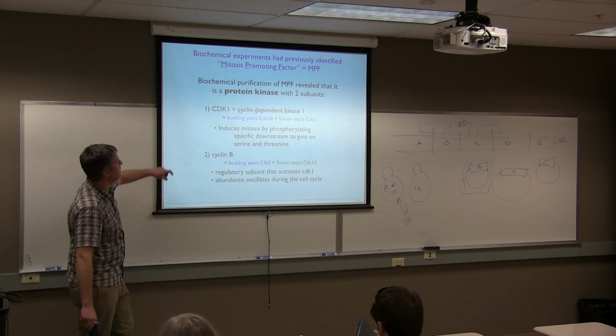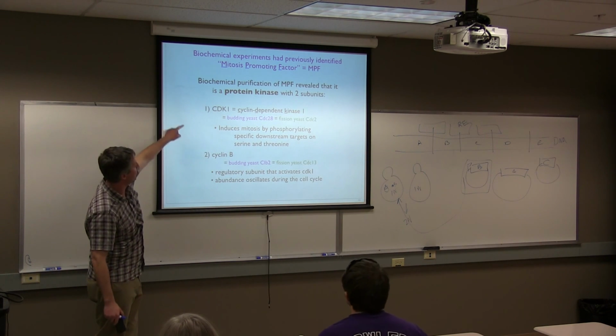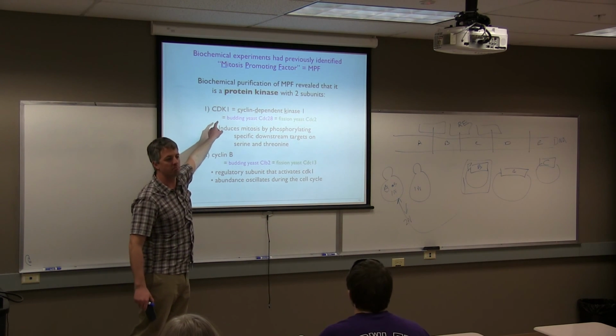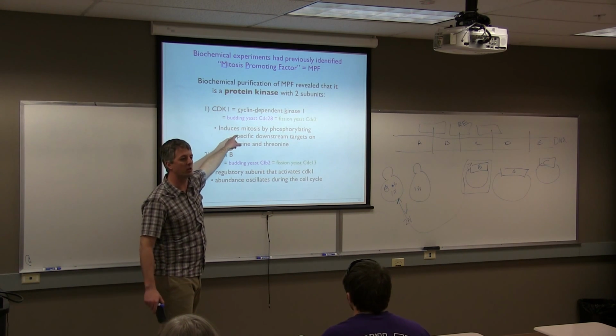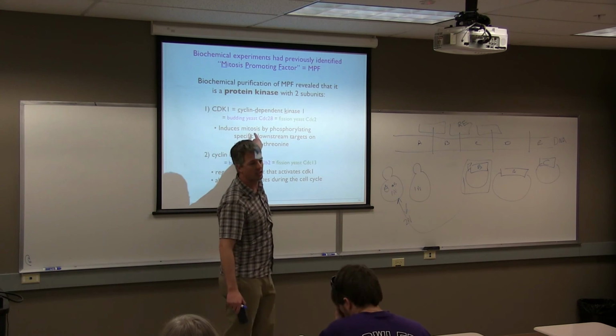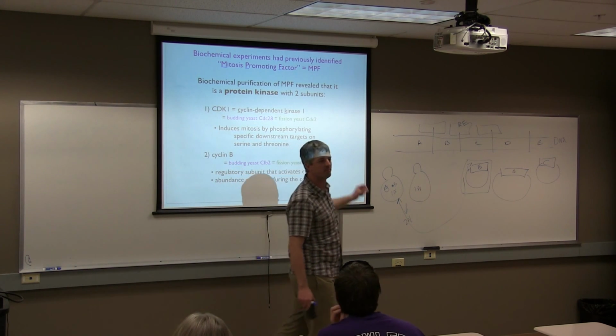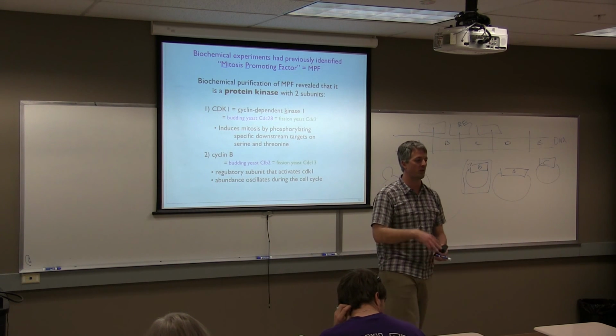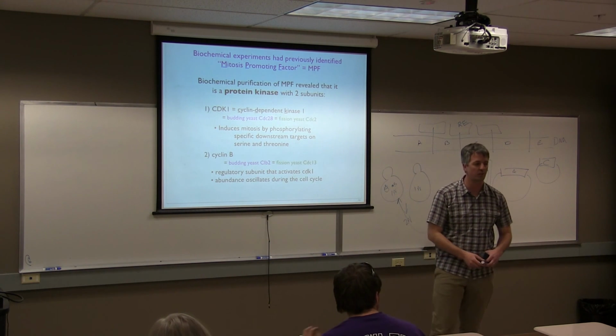And what that turned out to be was cyclin-dependent kinase with cyclin B. Remember, this is CDC28. So concurrently, a biochemical approach had identified this gene for being important. So now you have genetics and biochemistry coming together to understand cellular function. Does that make sense to everyone?